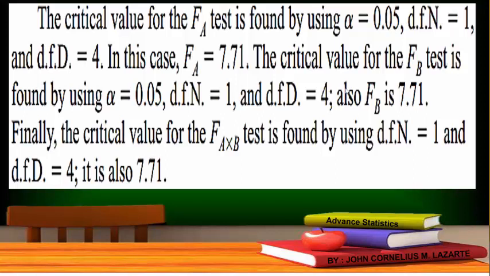The critical value for F sub B is also the same, together with the critical value of the interaction between A and B, because they both have the degrees of freedom numerator equal to 1 and the degrees of freedom denominator equal to 4. But take note that that is not always equal. It's just that in this case they both obtain the same degrees of freedom numerator and also the denominator.